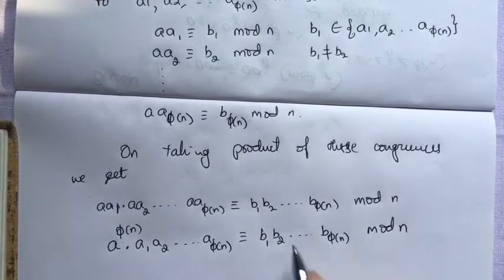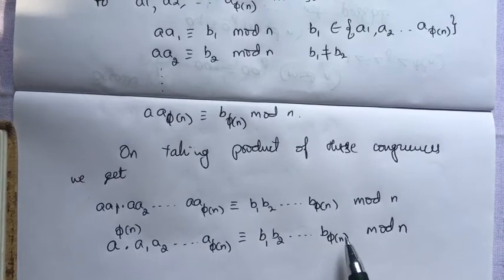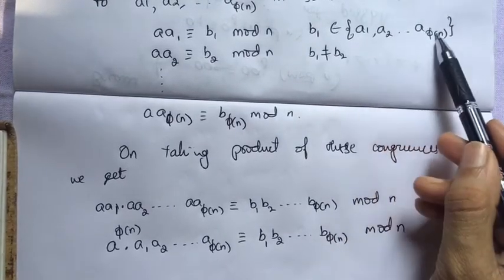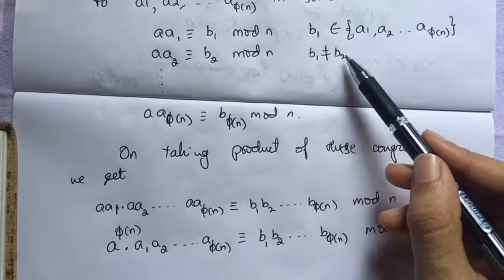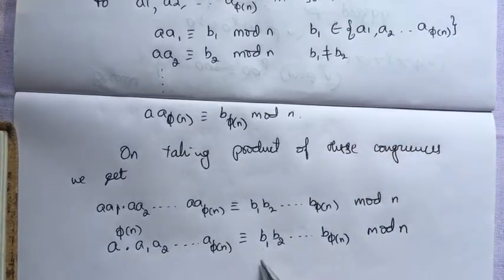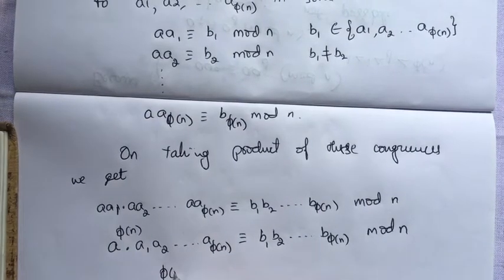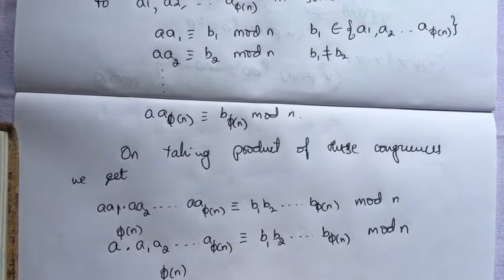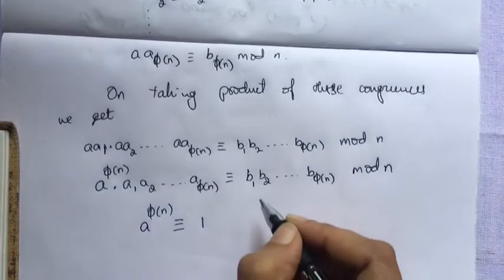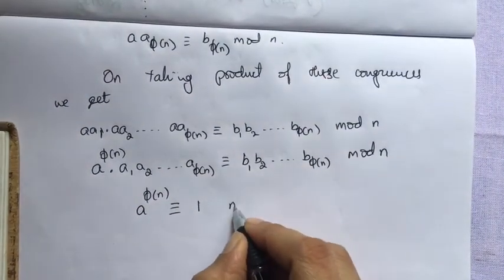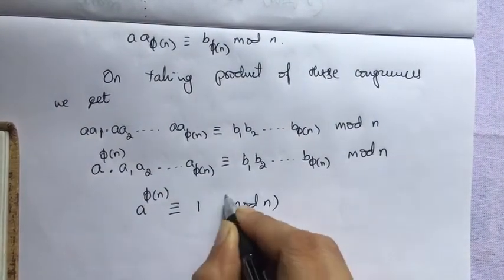We know that these b1, b2, up to b phi of n are the same as the a's and they are not equal also. So I can just cancel them and write a to the power phi of n is congruent to 1 mod n.